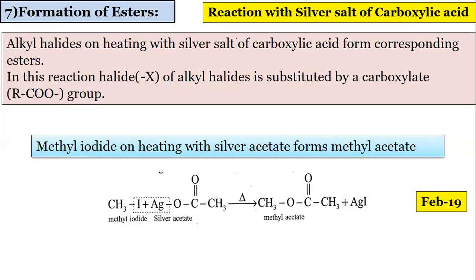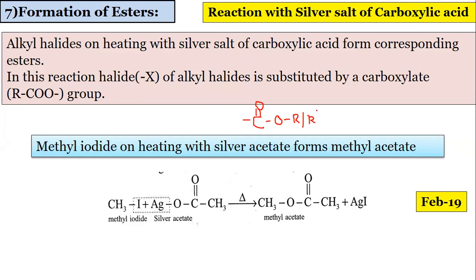Now the next reaction is formation of esters. So first, you should know the functional group of esters. This is the C double bond O group. This is ester. This oxygen may be attached to the R group, or it may be attached to the R dash group.